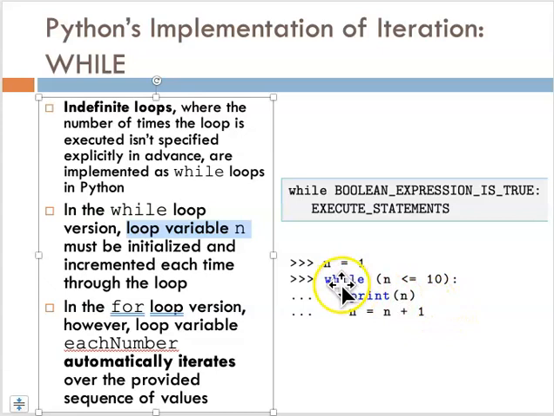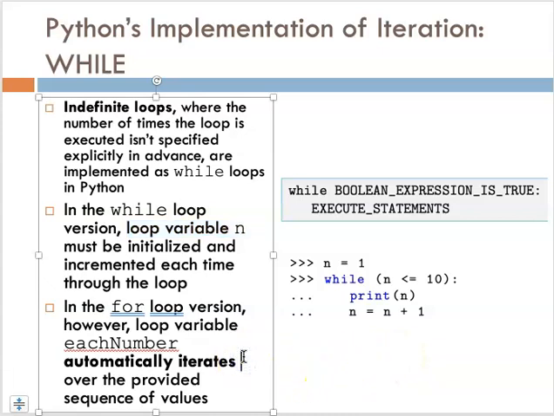And the syntax is the same thing. You use the keyword while, you specify the conditional expression within parentheses. That's what will evaluate to some Boolean value. You have a colon, and then you indent the statements that belong inside that construct.